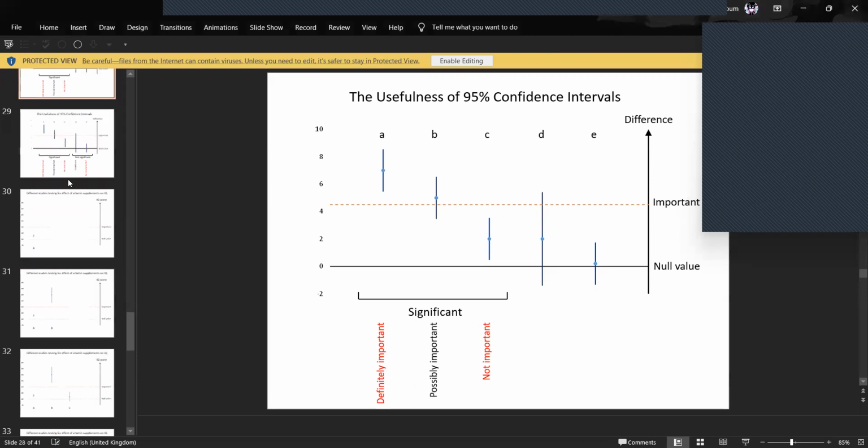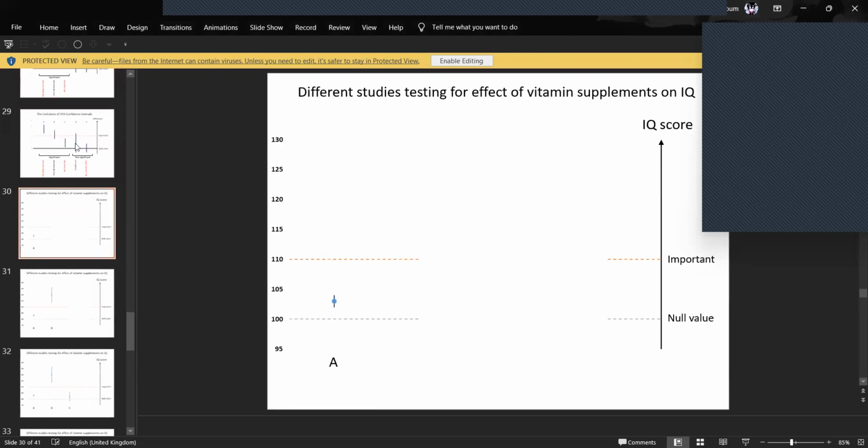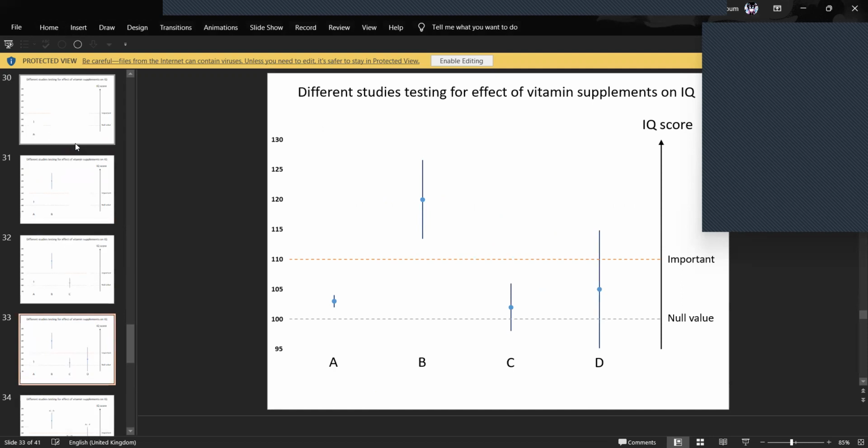All right, so here we're just answering the questions. And again, this is another example. So you have A, which is statistically significant, but it's not clinically important. And then we have treatment B, which is statistically significant and it's clinically important, because it's above the line of effect magnitude.